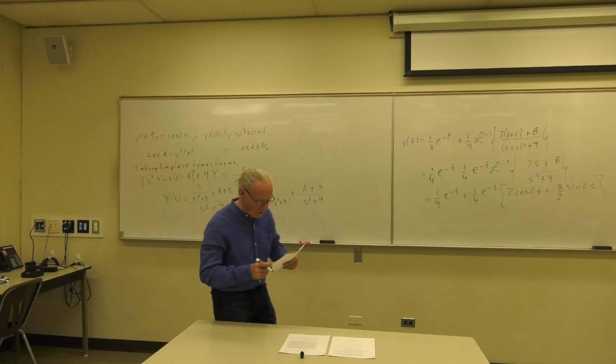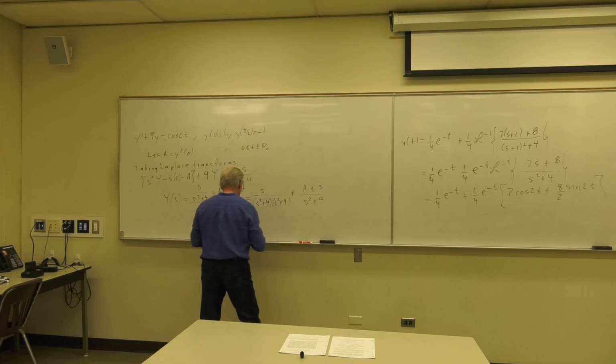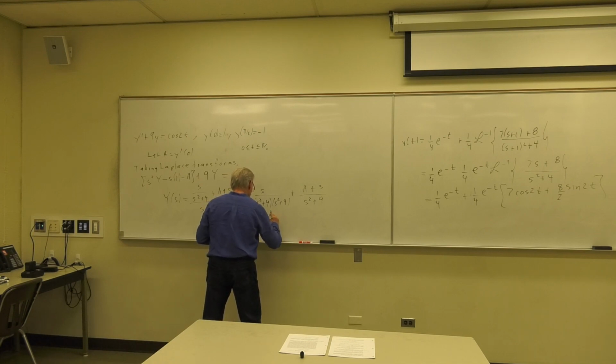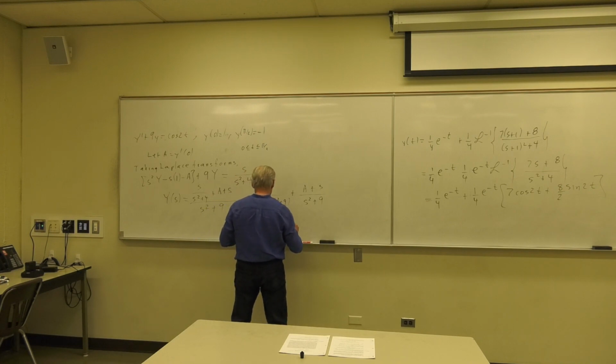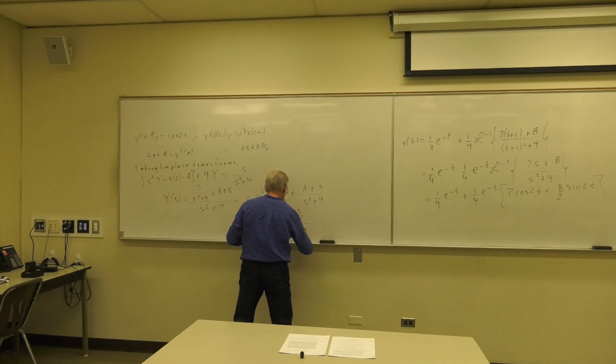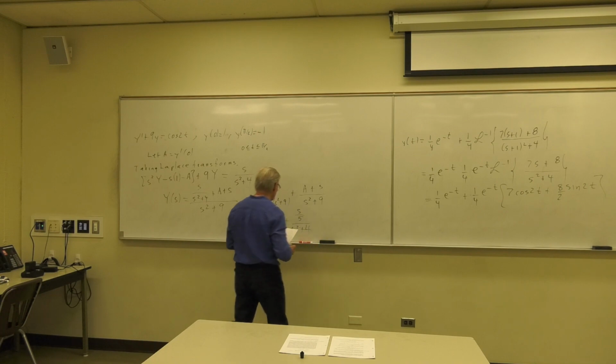And if you do, I calculated it to be 4s over 5 plus a, all over s squared plus 9, plus s over 5 over s squared plus 4.